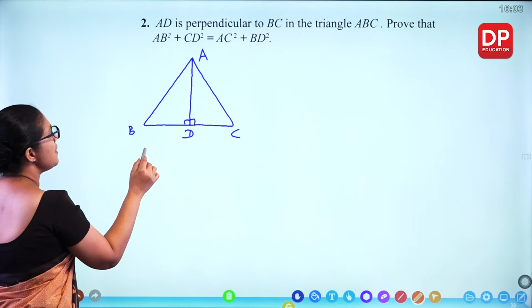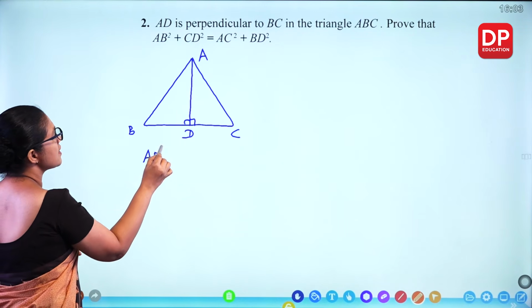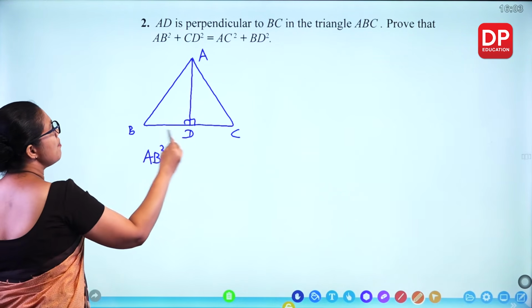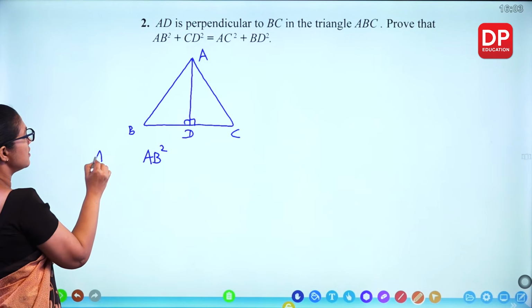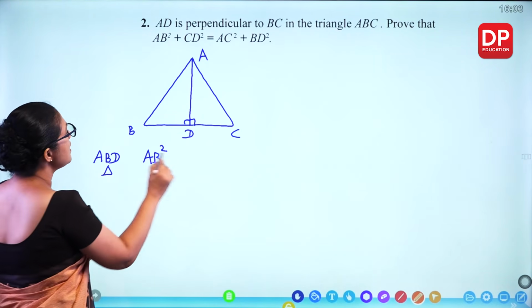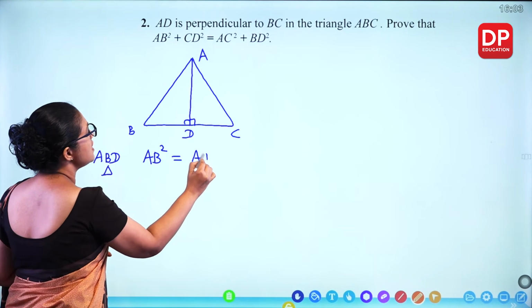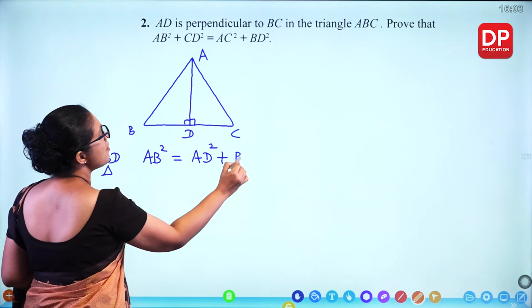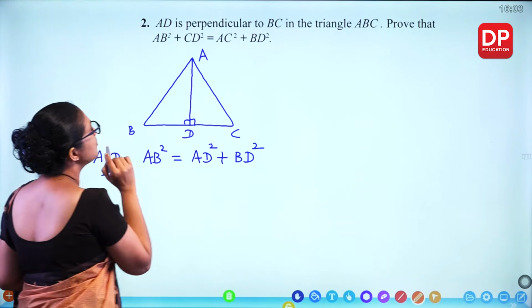So we'll take AB squared first. ABD triangle. AB squared is equal to AD squared plus BD squared.